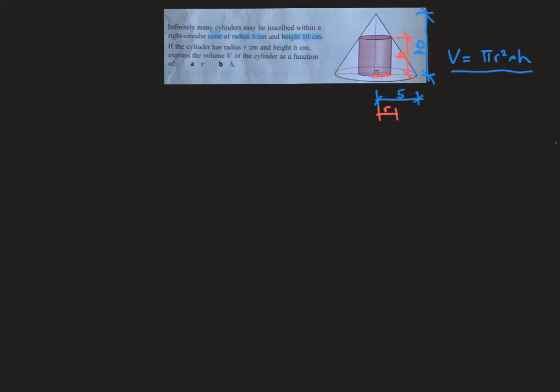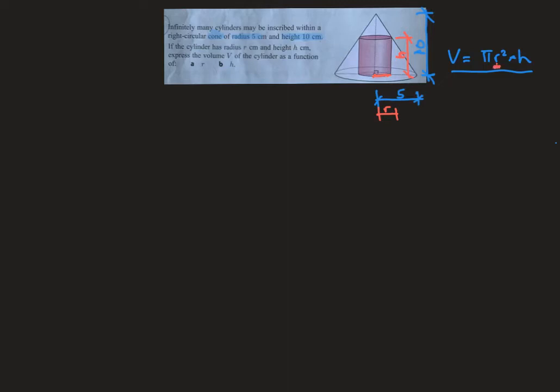Now the volume is pi r squared times h. We have r and we have h, but the question is asking for the formula either in r or in h.